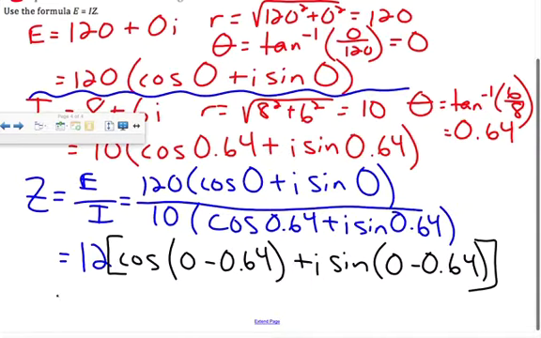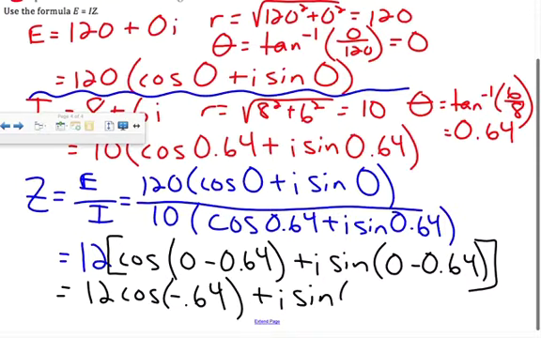When I simplify this, I have 12 times the cosine of negative 0.64 plus I times the sine of negative 0.64.